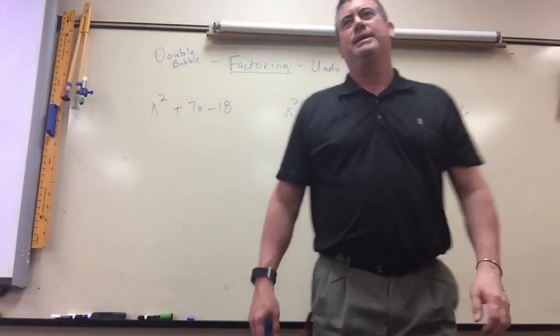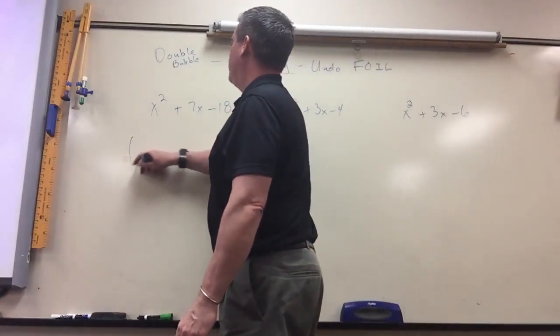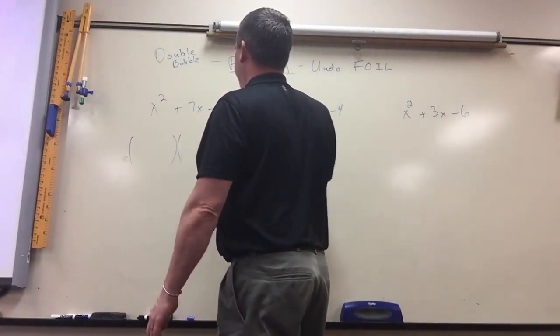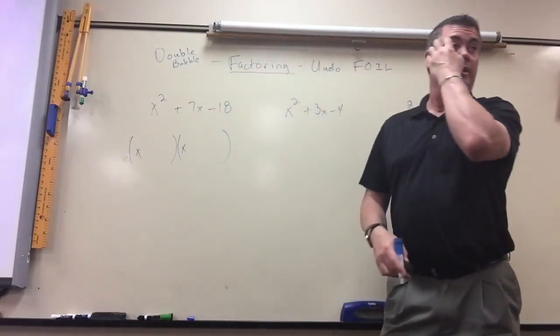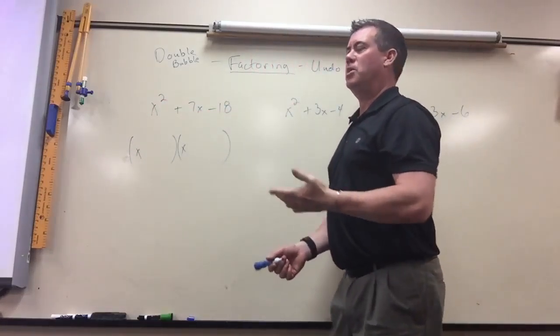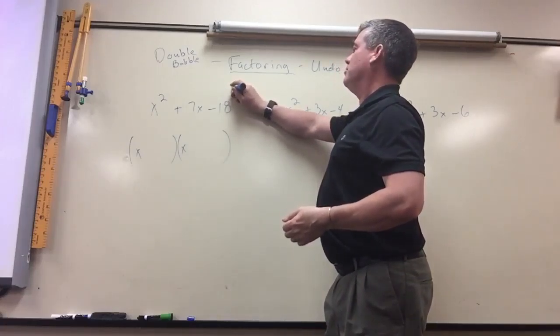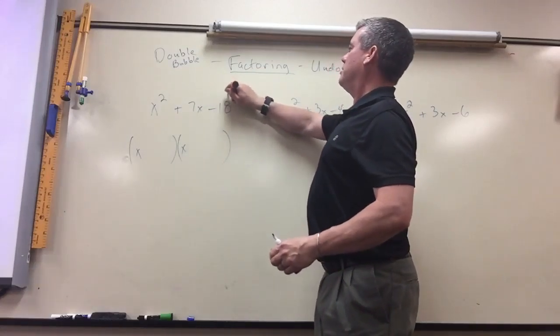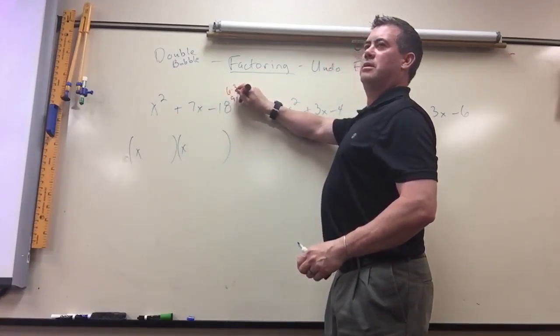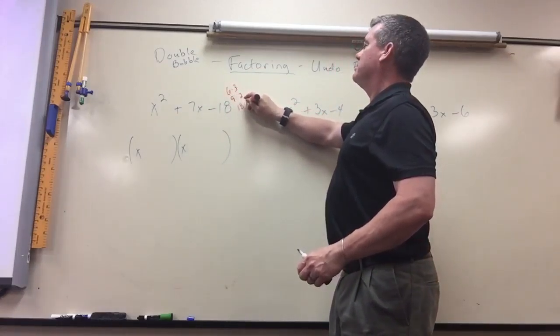Okay, so for this one, if we double bubble, it's got to be x times x to get x squared. For 18, what can you multiply to get 18? 9 times 2.